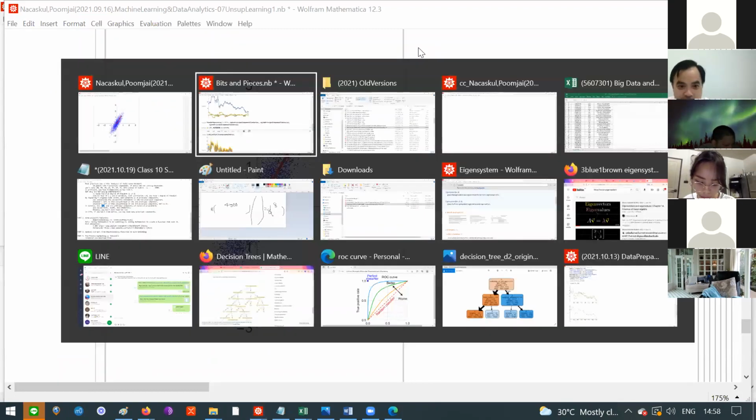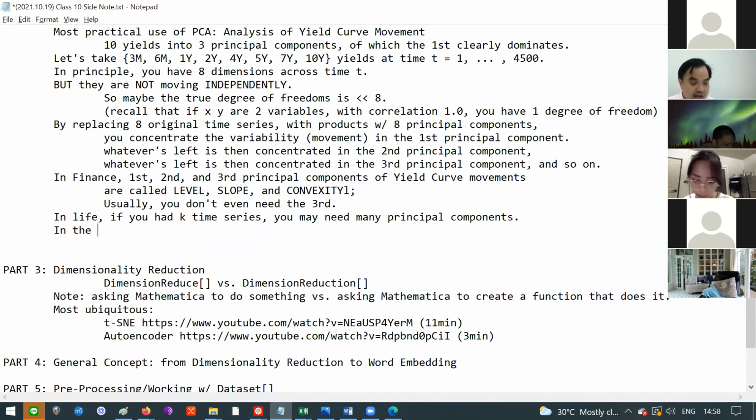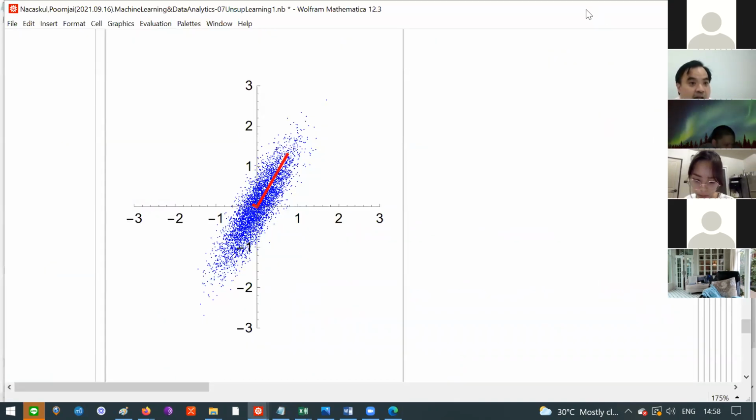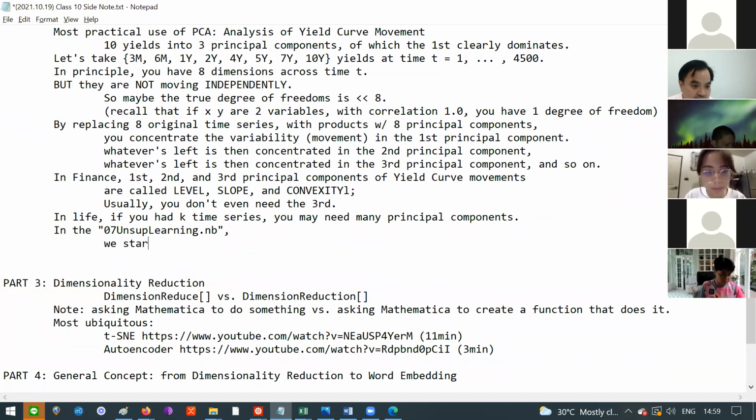So in the example, 07, supervised and unsupervised learning B, we start with 2D ellipsoid data, and then find the first and second, and that's it.